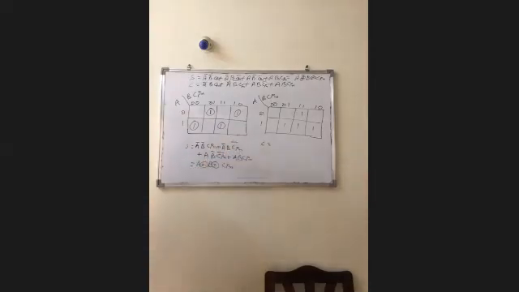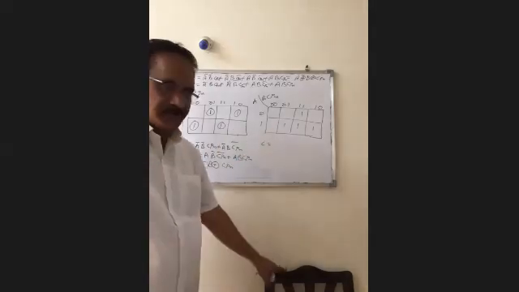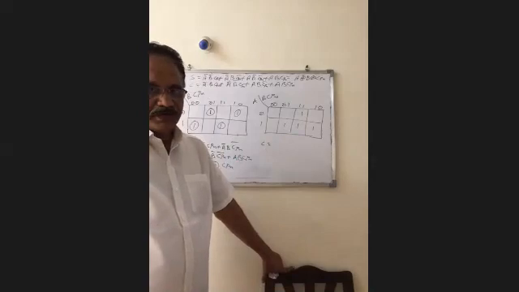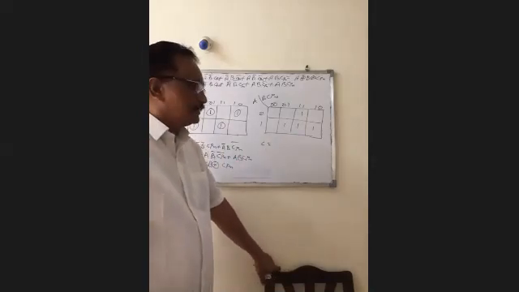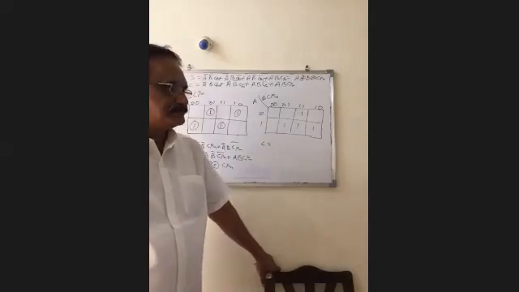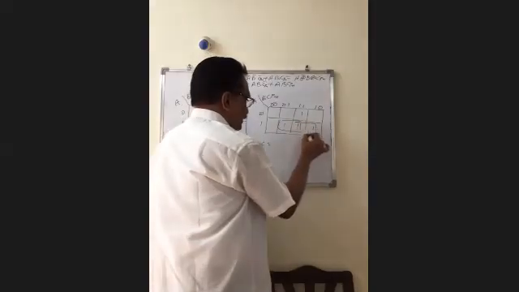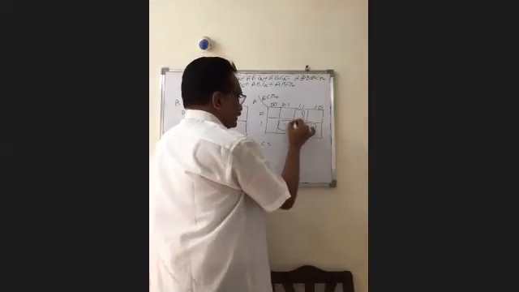So for the carry output, in this one, is there any quad? No quad. How many pairs are there? 3, sir. This is the first pair, this is the second pair, and this is the third pair.